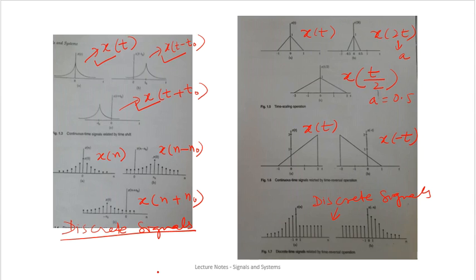And suppose reversal also has to be performed, so that there are three operations simultaneously to be performed on a signal. We will see how we can perform these operations simultaneously at a time, what is the rule, and what is the procedure of performing these types of operations.